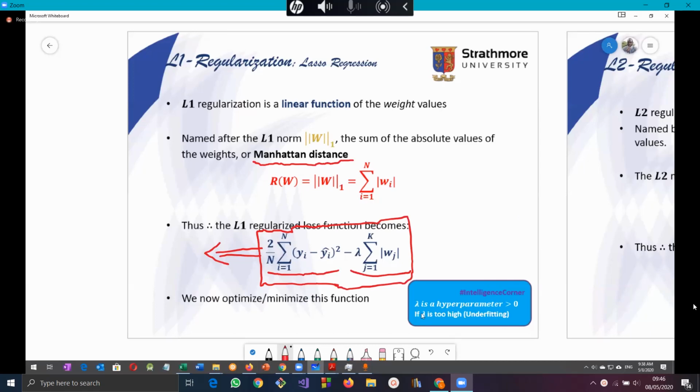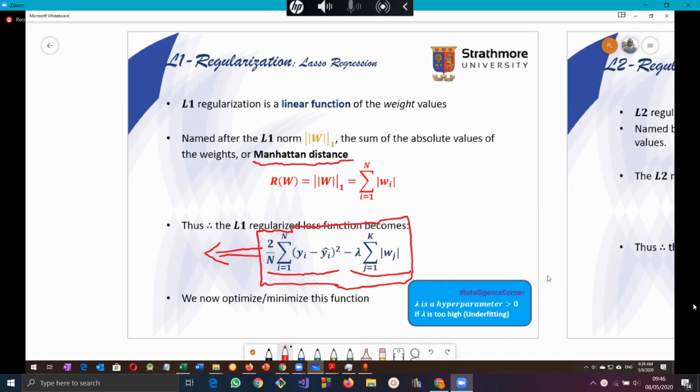Now, this hyperparameter, we are going to set hyperparameters from next week, has to be greater than 0. If lambda is too high, it will be the first thing, because as I go to the next section, if lambda is closer to 0, you will be tending towards overfitting.